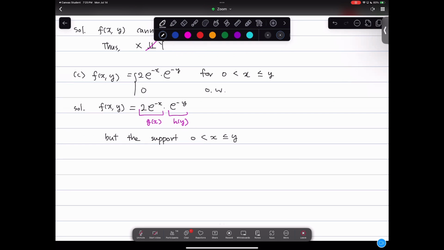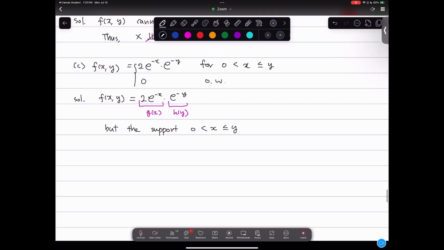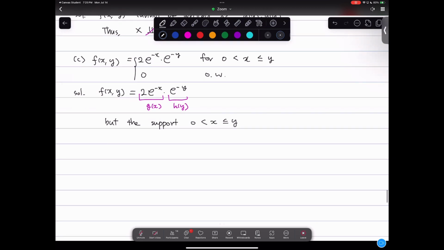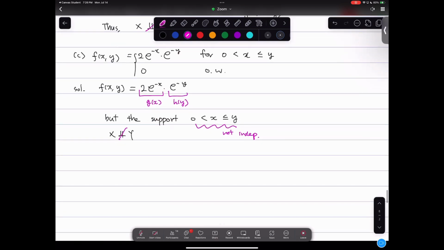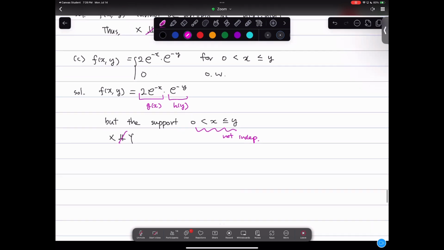So that support suggests that your x and y are not independent. To be independent, you have to get x and y both with support totally separated, so one region is not depending on the other variable. Has to be totally separated. So that's how I know whether they are independent or not.